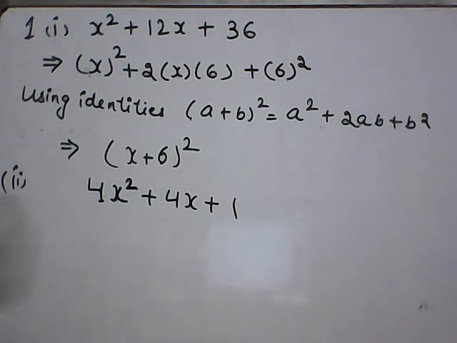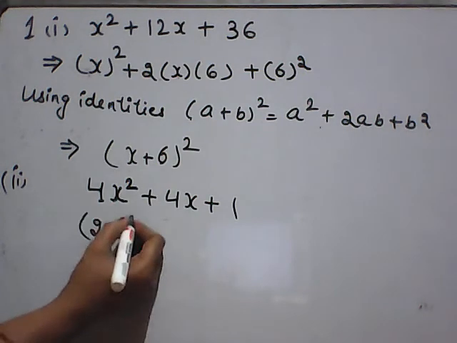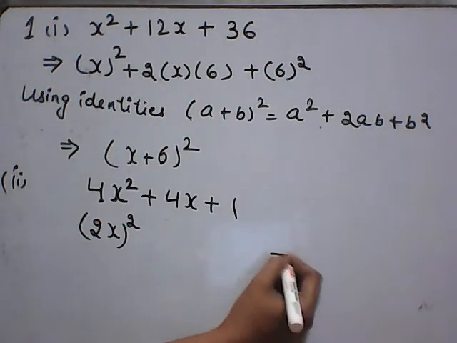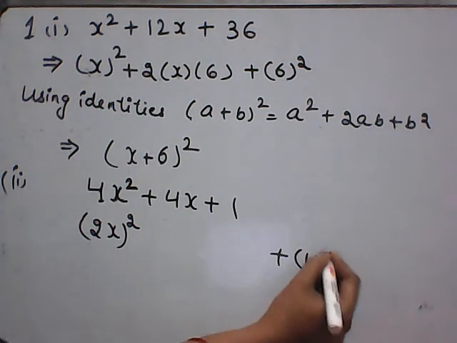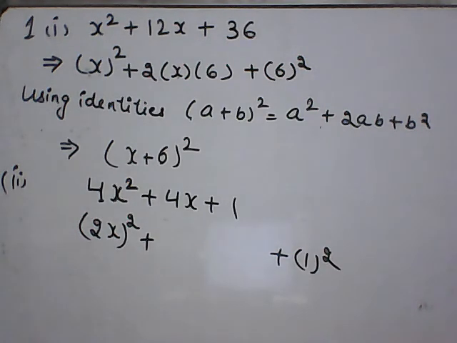So it is (2x) whole square. So 4x square can be written as a perfect square, (2x) whole square. 2 twos are 4, multiplied by x square, so it is 4x square. 1 can be written as 1 whole square. The middle term contains the positive sign.